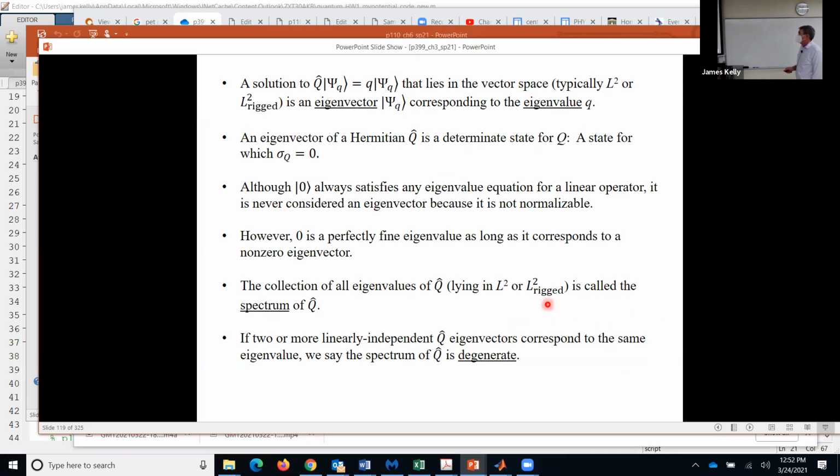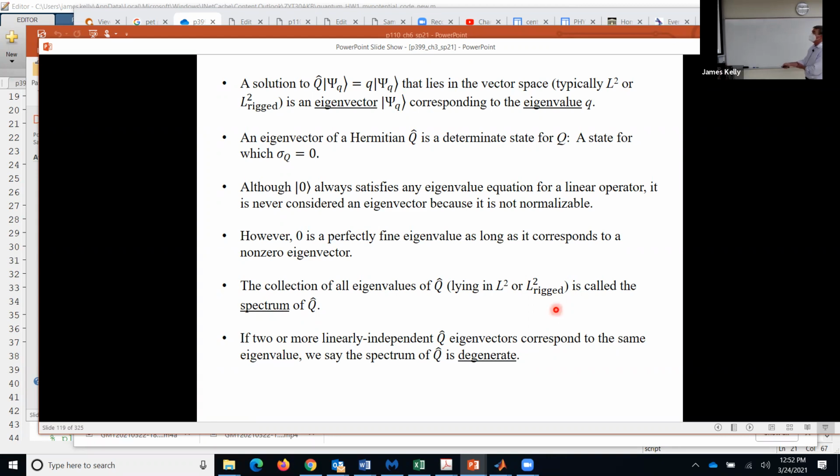We talked about the collection of all eigenvalues of a particular operator that lie either in our original vector space of square integrable functions, or in the extension, where we put it on steroids, with a few extra functions that don't diverge dramatically as you go off to infinity, but might oscillate, and they still have finite inner products with good old-fashioned square integrable functions.